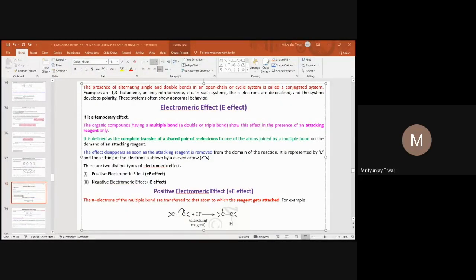So the sigma electrons of the CH bond of the alkyl group enter into partial conjugation with the attached unsaturated system or with the unshared p orbital. In the unsaturated system, two p orbitals will already be there, interacting with each other.